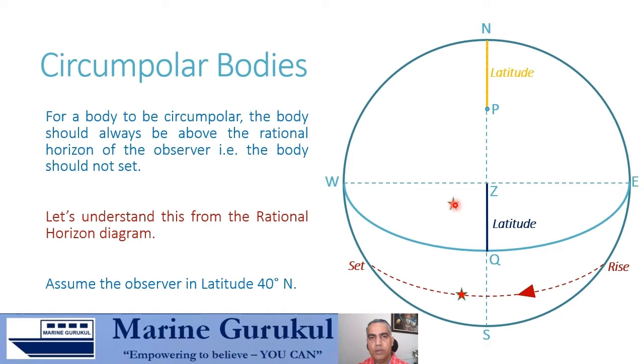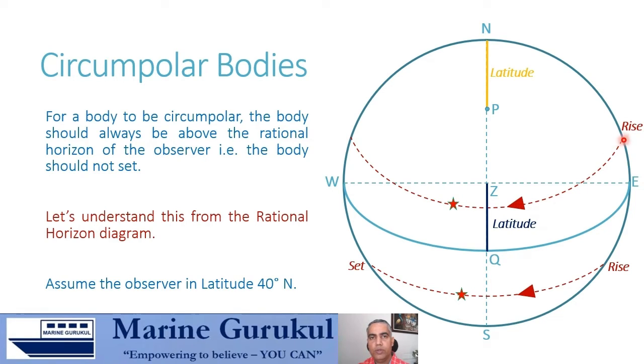Let's try to show the declination circle of this particular star. The declination circle will pass through the body and it will be parallel to the equinoctial. So this is how the declination circle is going to appear. On this declination circle, the body will be moving in this particular direction represented by the arrow.